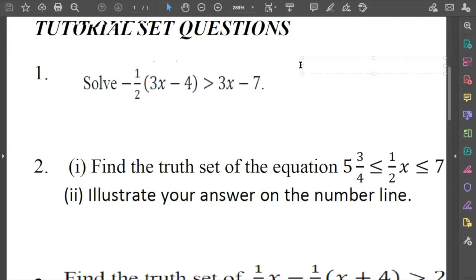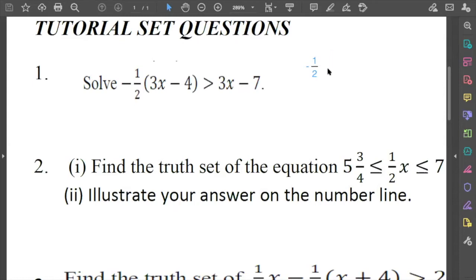it actually multiplies the numerator. So in this case, 1 is going to multiply 3x and minus 4. But always remember that if you have negative 1 over 2, this negative 1 over 2, we can say that the negative is automatically for the 1.